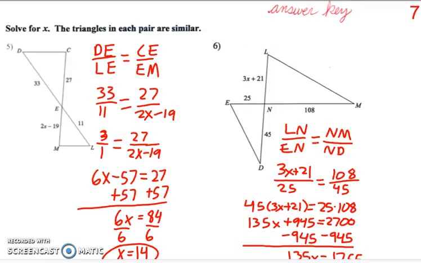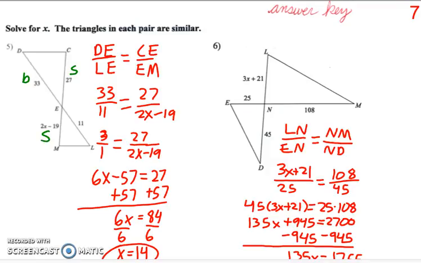We know that this is, let me go with green here. We know that in the top triangle, side CE is the smallest side, because 27 is smaller than 33. So I'll put an S by 27, and I'll put a B by 33. I look at the other triangle right below it, and you can't see this, but I'm measuring it with my pencil here, and I see that the 2x minus 19 is actually smaller than the side that has 11 on it.